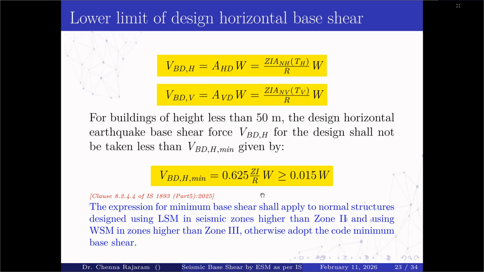Now, if I see the tabular column for various return periods, for normal structures, the Z value is higher than zone 2 using LSM. For WSM, it should be higher than zone 3. So for these cases, the Z value is more than 0.12. In the other case, if it is not satisfied, if it is less than that, then we have to consider the minimum base shear.